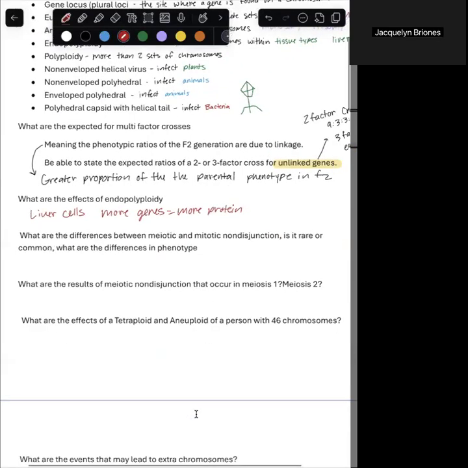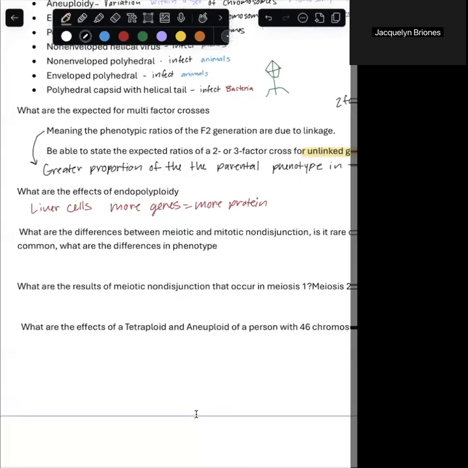What are the common differences between mitosis and meiosis non-disjunctions? Is it rare or common? What are the differences in phenotype? So it is more common in meiosis.